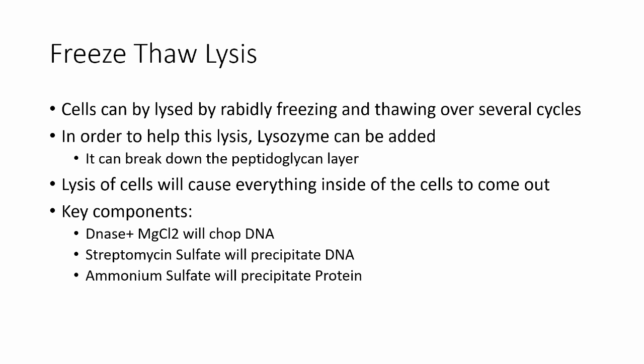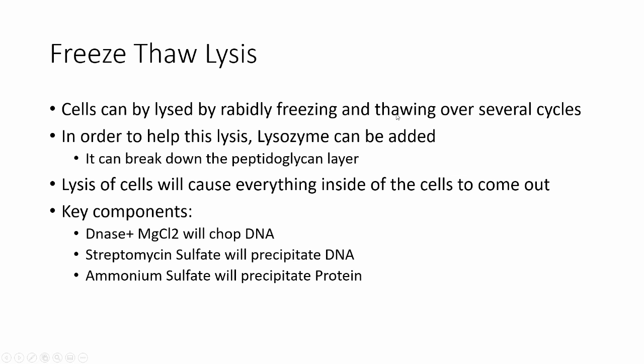So taking it in the freezer, throwing it in the fridge, and doing this about 2 to 3 times. The main idea is that when ice forms as we freeze our cells, the ice crystals are able to puncture the membrane and physically open it up so that the contents inside can come out.